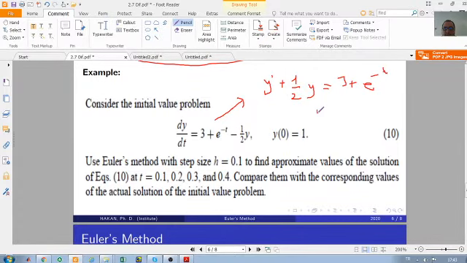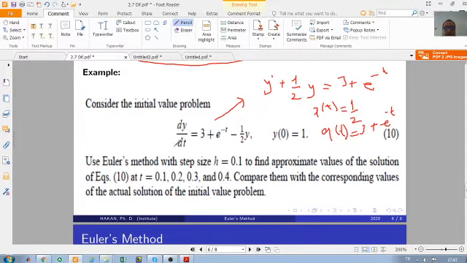Here little p of t is equal to 1 over 2 and g of t is equal to the right side, 3 plus e to the power minus t. And using the method of integrating factor, easily we can find the solution of this differential equation.